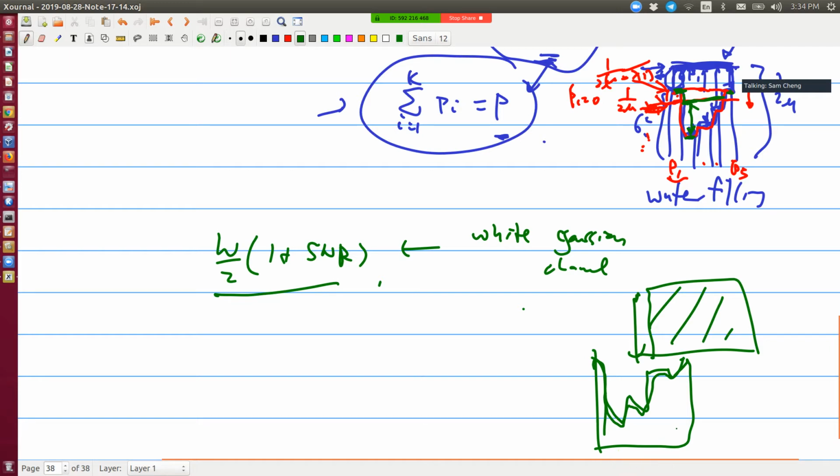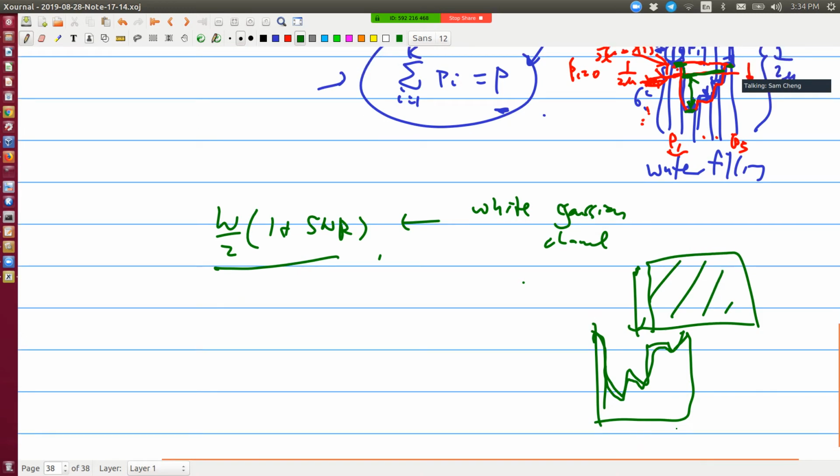And we just showed that the optimum way is like water. The power for each channel is basically the depth from the water surface to the floor of the noise.